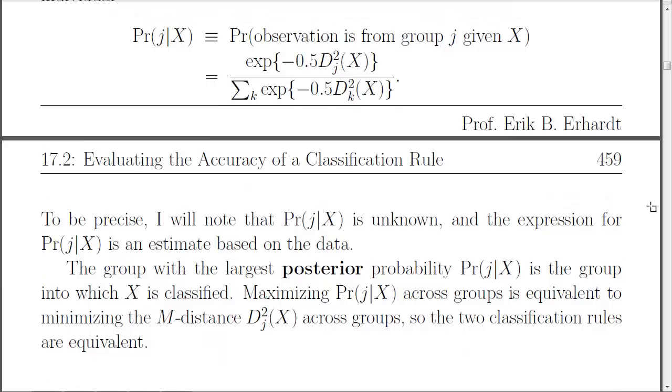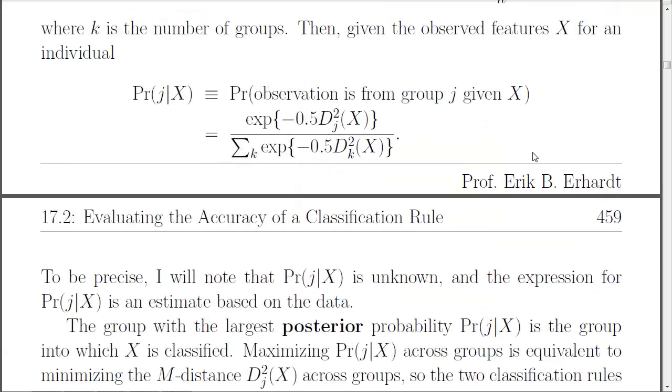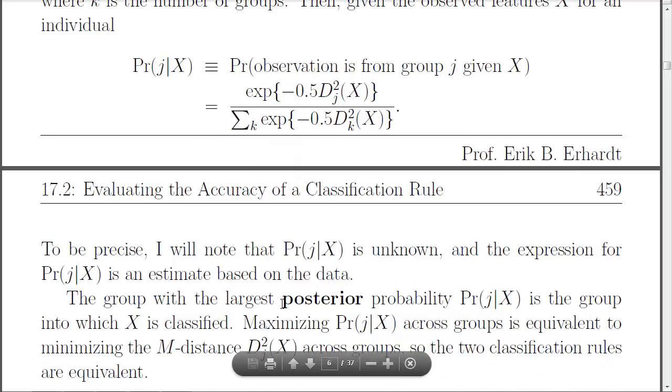And so we started off with a prior probability that the flower is equally likely to be from any group, and then conditional on the data that we observed for that flower, we now have a posterior probability of belonging in each individual group. And so we'll have three probabilities.